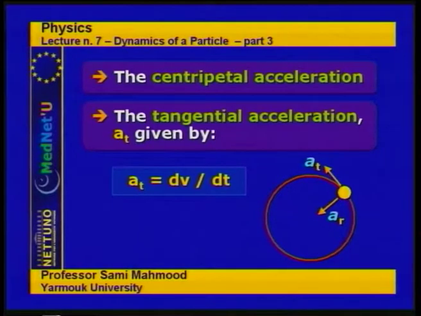And this figure shows a particle moving around a circular path with its acceleration written in component form, where a sub r is the radial or centripetal acceleration given by the magnitude v squared over r, and a sub t is the tangential component of the acceleration, which is tangential to the path and given by dv by dt.